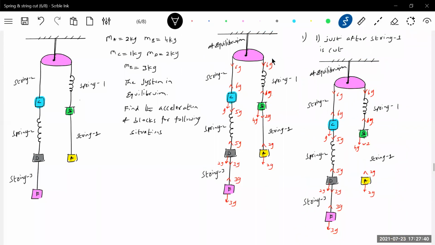String 1 is cut. I'll remove that name itself. No doubt, this will fall. Let's see.